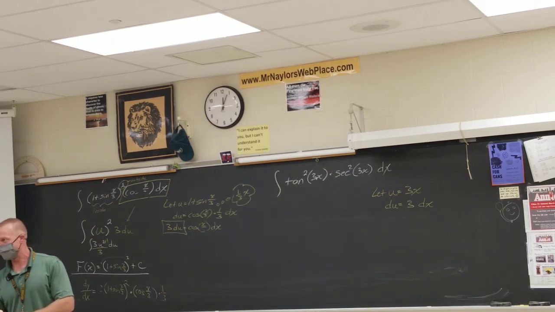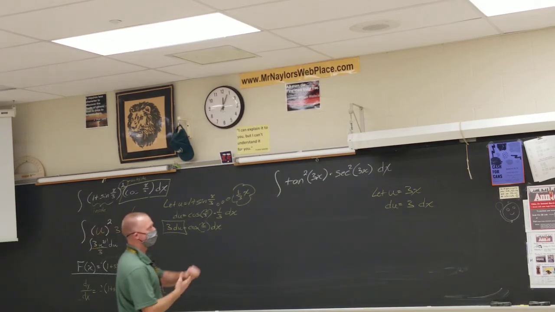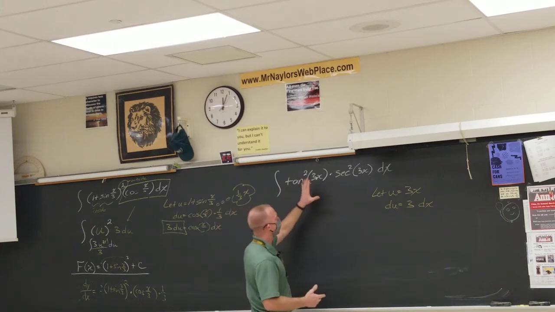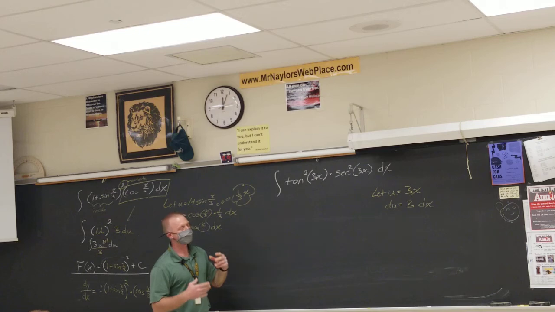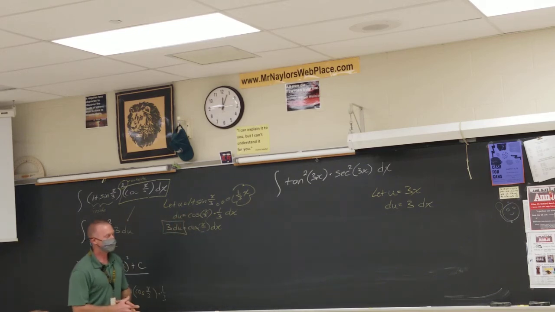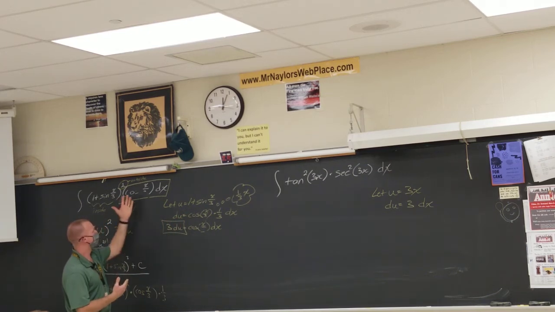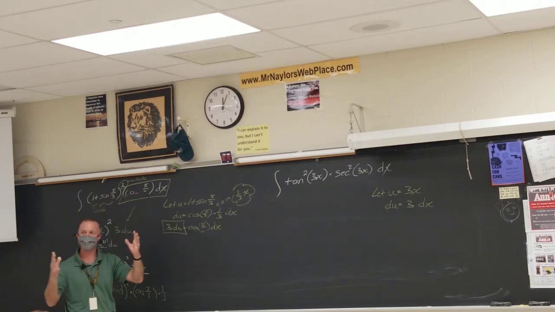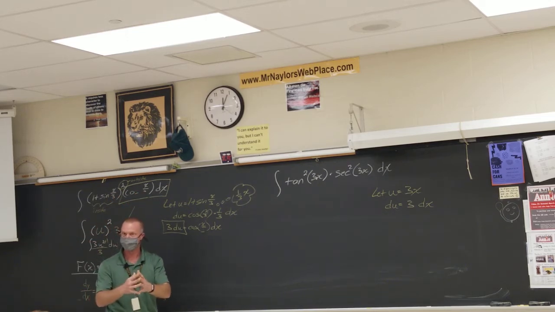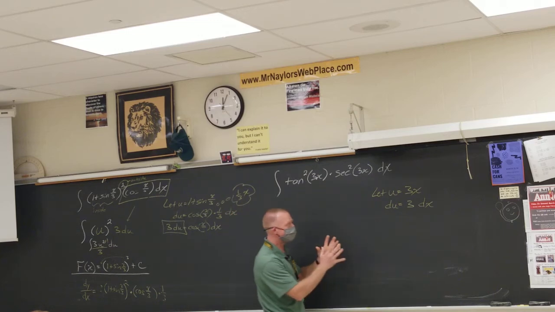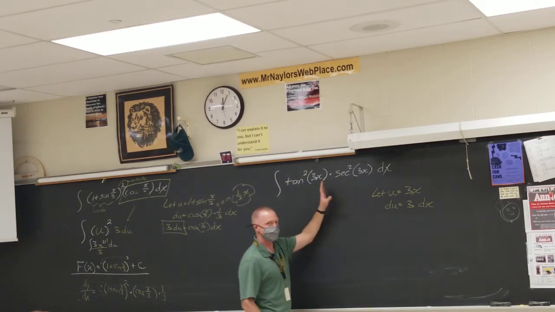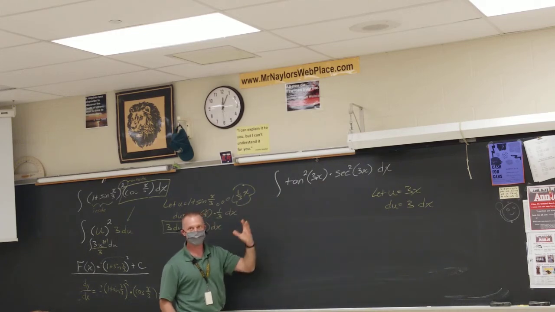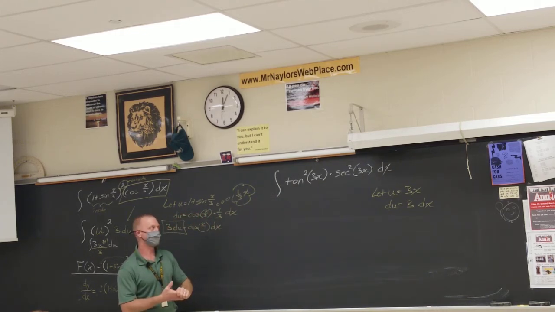We had a problem like that in the beginning of the lesson. But for this problem, you've got to look at it and say, there's a lot of stuff up here. Something probably needs to cancel. The reason something probably needs to cancel is because when you have multiple functions, you're trying to turn them into one u function. Nothing's going to cancel if all I've got is a 3. That's not going to cancel tangents and secants, or whatever function needs to disappear. So we have to do better than that.